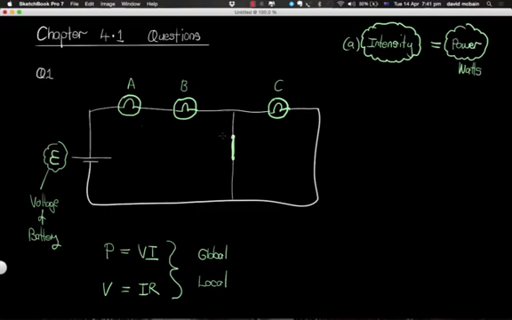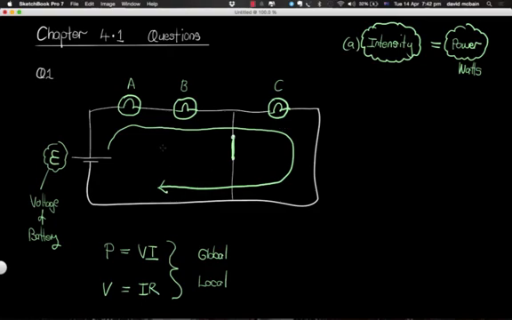Well, previously, when that was open, all the current would have had to go right around that circuit, because none of it would have been able to go through this middle branch because the switch was open, not allowing any current to go. Which meant that initially this circuit was a series circuit with 3 resistors in series.